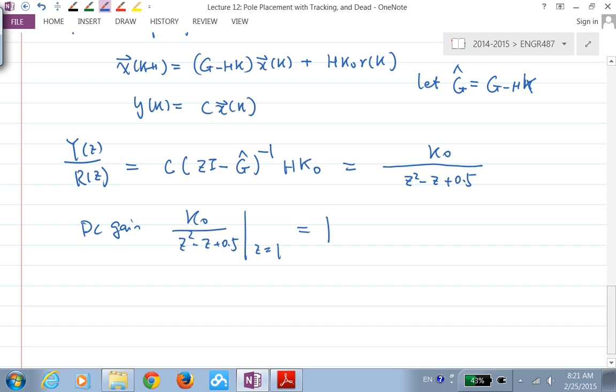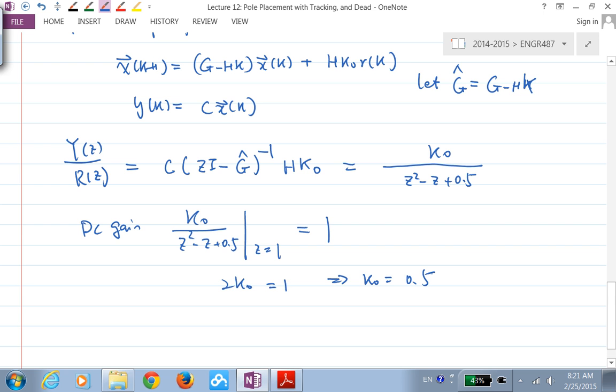Set z equal to 1, and this side here, 2 k naught, equal to 1. So k naught should be 0.5.